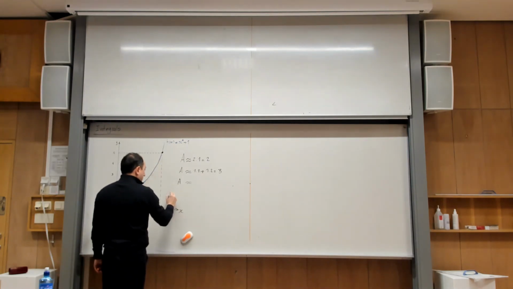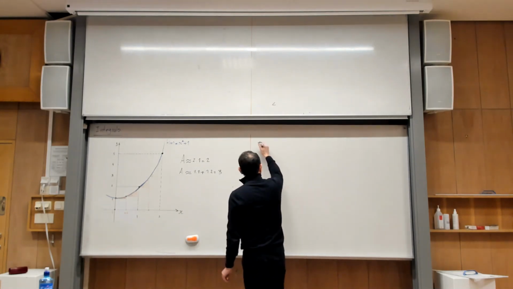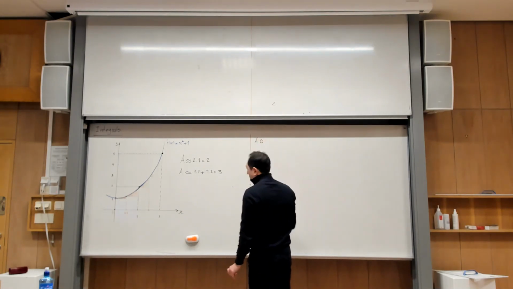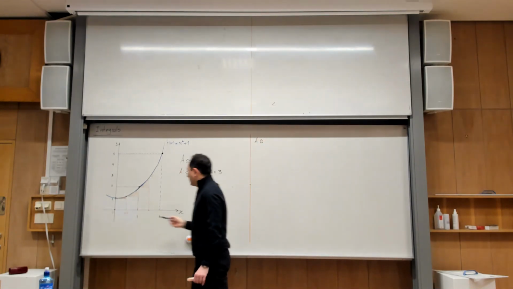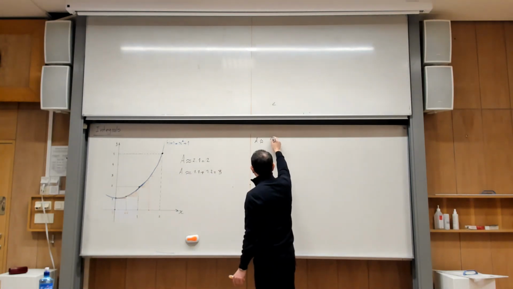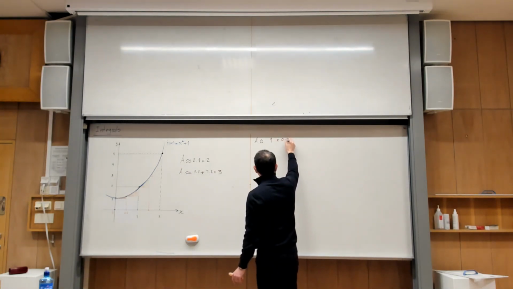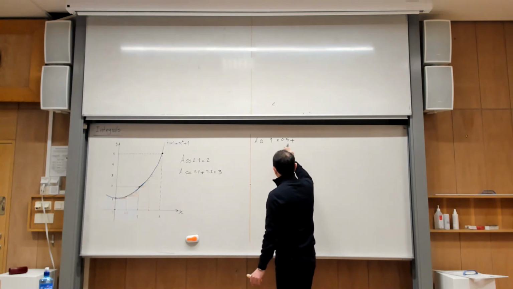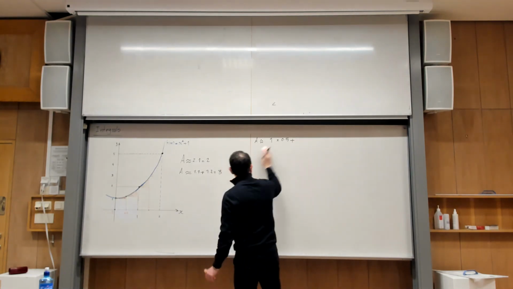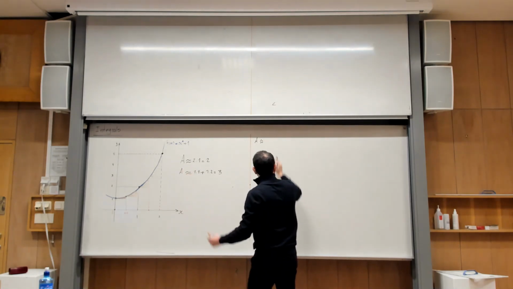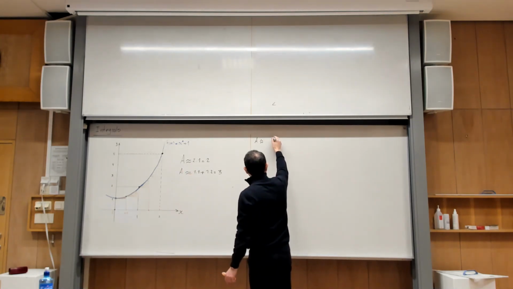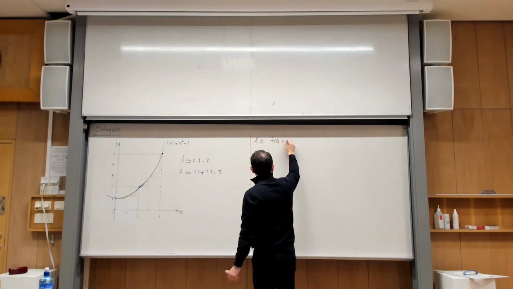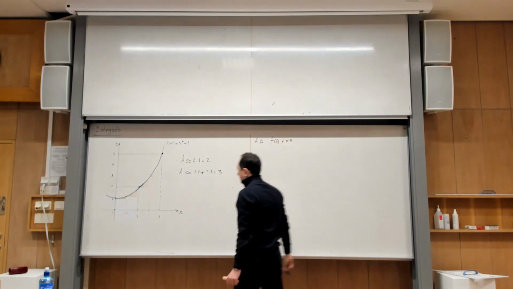So I would say something like this. So A is approximately, let me go here to make it clear, A is approximately equal to, the first one is 1 multiplied by 0.5. The next one is what? If I ask you, of course it was very simple to read it as 1, but what is 1 actually? 1 is f of 0, multiplied by 0.5. Do you agree?